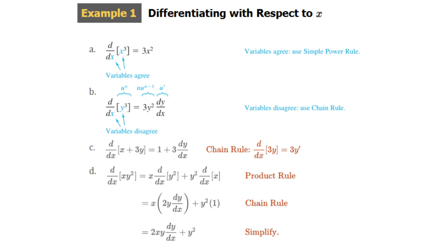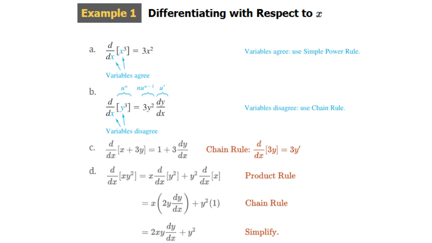If the argument isn't the same variable, like we want to take the derivative with respect to x, but our function is y cubed, you still take the derivative using power rule. It's 3y squared. But we're going to also have this dy dx notation as u prime. It's part of the chain rule.